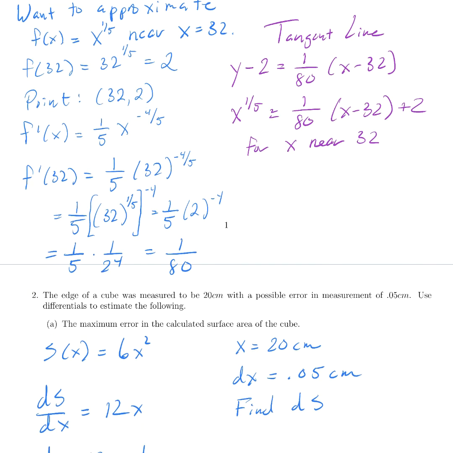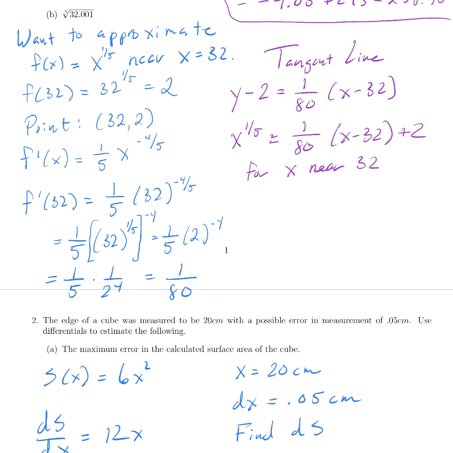Okay, so the x we're interested in near 32 is 32 and 1/1000th. So 32.001, the fifth root of that, or to the 1/5 power, is approximated by 1/80th of 32.001 minus 32 plus 2.